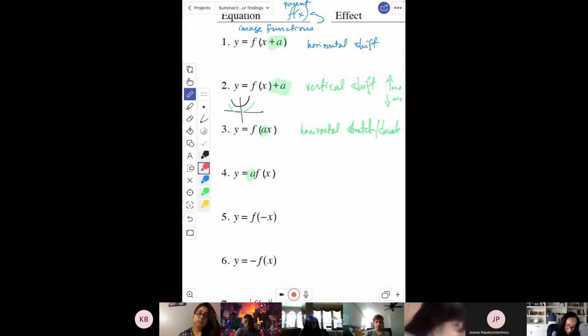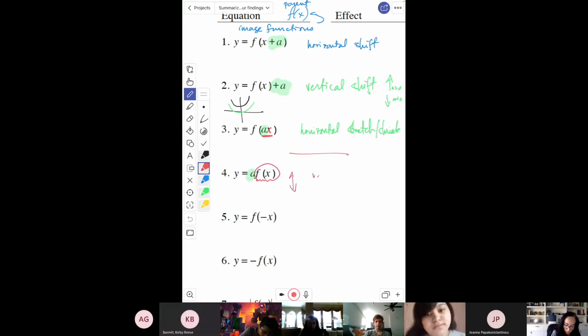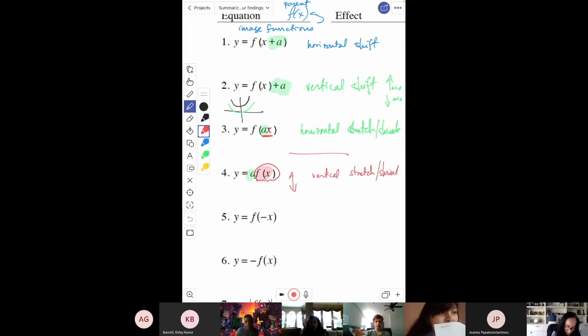Horizontal. Well, here, since it's affecting the x, and x values are horizontal, here I'm impacting the y. So that would be a vertical stretch or shrink. Do you see how we're impacting the y here?